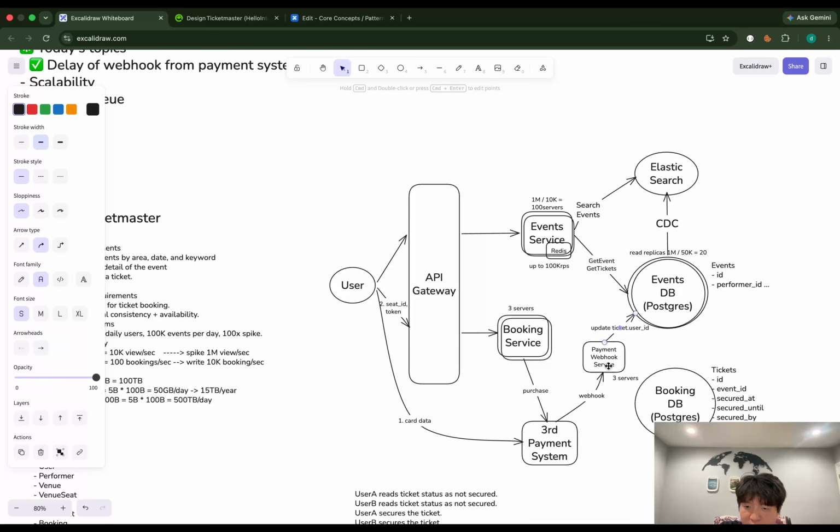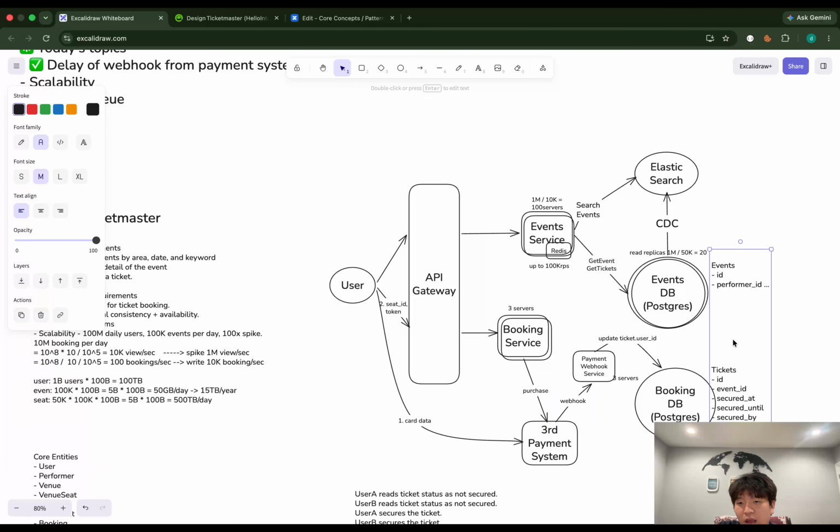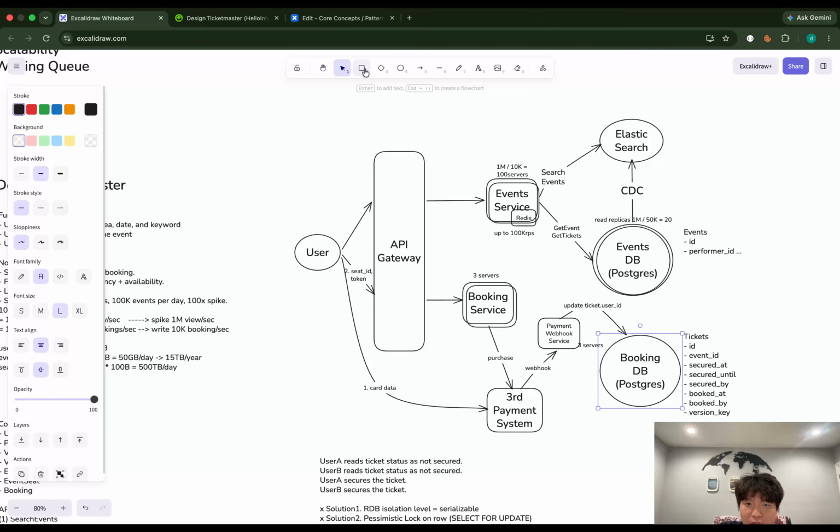So now the booking service takes a look at this. And even if I do that, this booking DB becomes quite huge. So I would move this tail data to S3.